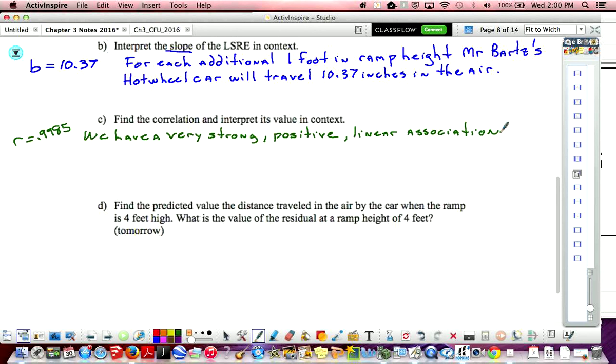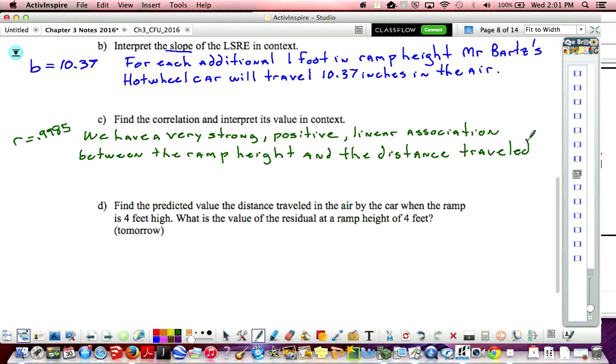Of course, we could have said correlation or relationship, that would be fine, between the ramp height and the distance traveled by Mr. Bartz's Hot Wheel car.